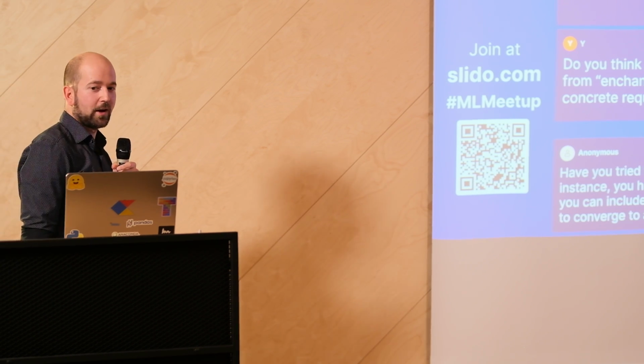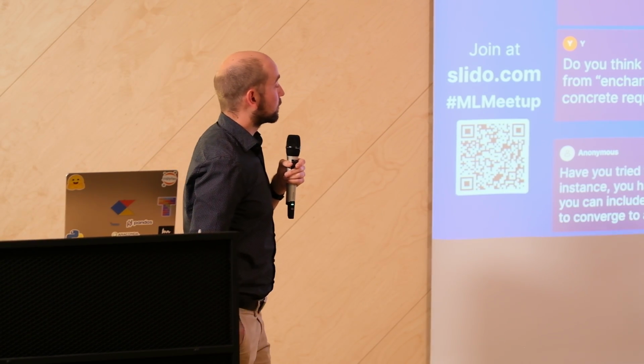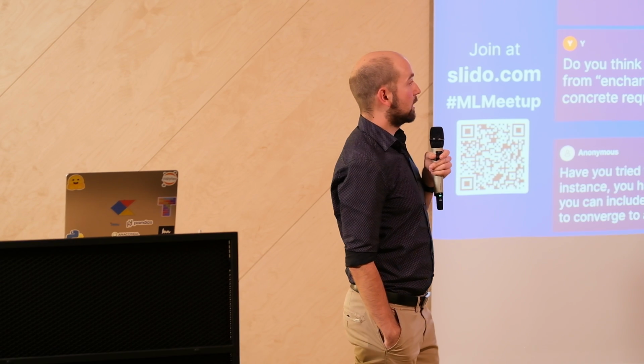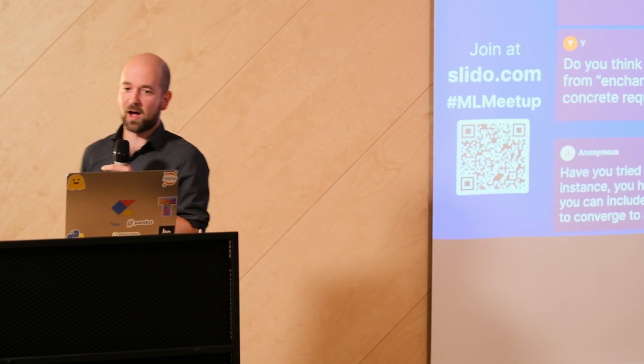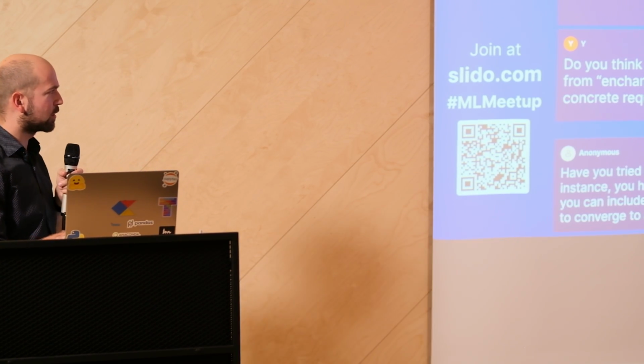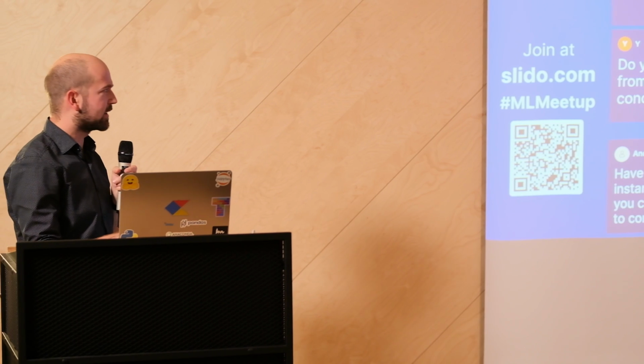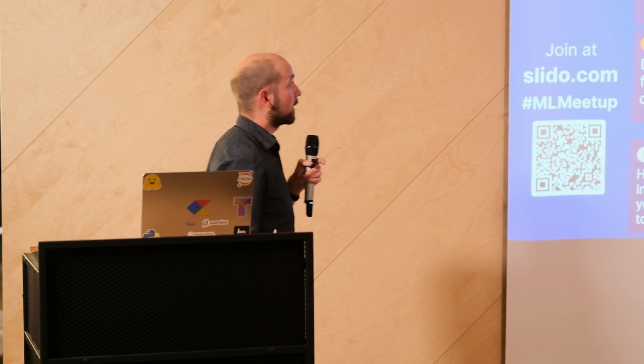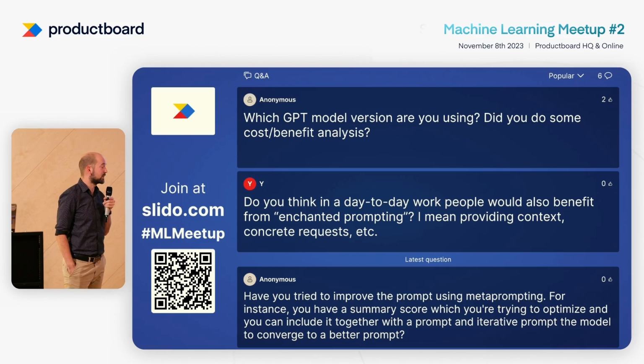Which GPT model version are you using? Did you do some cost-benefit analysis? We are using GPT 3.5. There are multiple variants from when it was launched, and I'm not sure which one it is exactly. But for the majority of our initiatives, we use this one.